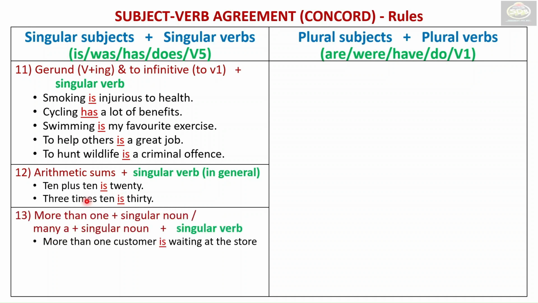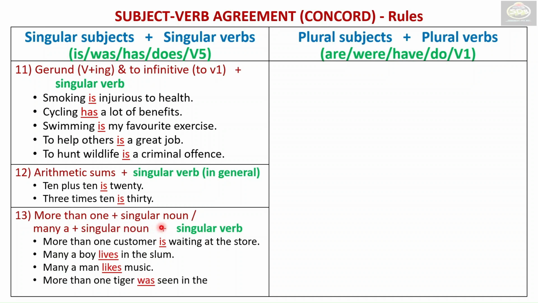Another one is "more than one" plus singular noun, or "many a" plus singular noun, plus singular verb. More than one person, many a boy. If these types of subjects are there, they are regarded as singular. Example, more than one customer is waiting at the store. More than one person is.